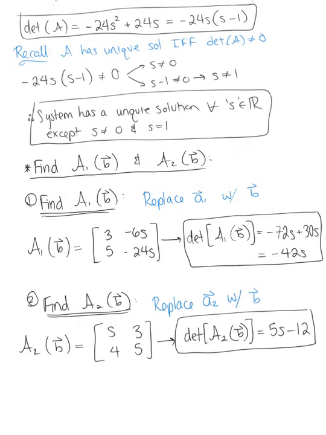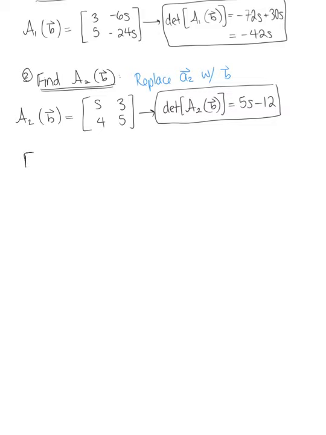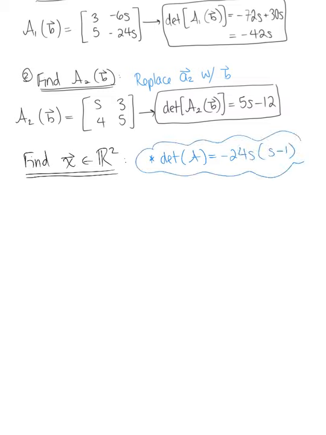And so we are now ready to find vector X, which again we'll keep in mind is in R2. We should keep in mind here that the determinant of matrix A, which we found at the beginning, was negative 24S multiplied by S minus 1. So a vector in R2 has two entries. So we have x sub 1.